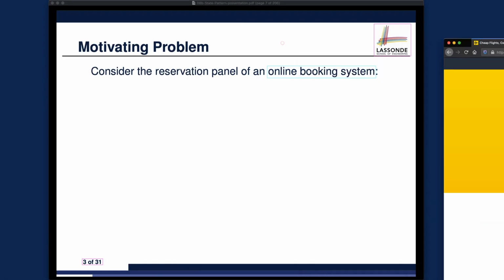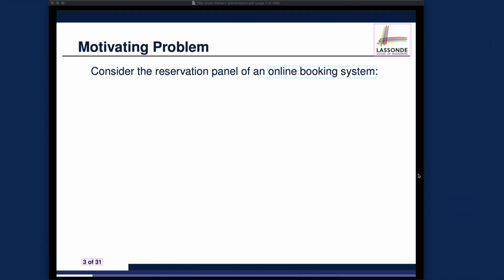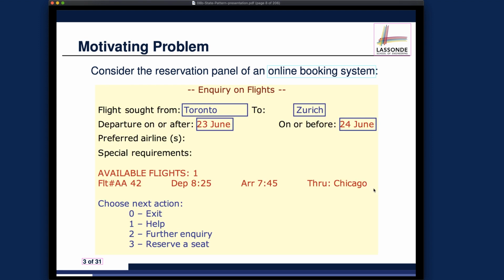Okay. But for the purpose of this particular lecture, we cannot really consider a realistic system, so we're trying to simplify that just for illustration purposes, so you can see the pattern. We're going to consider a system of a very similar nature, but much more simplified. So we talk about a flight reservation system, and you can still enter the departure city, and the dates for departure and return.